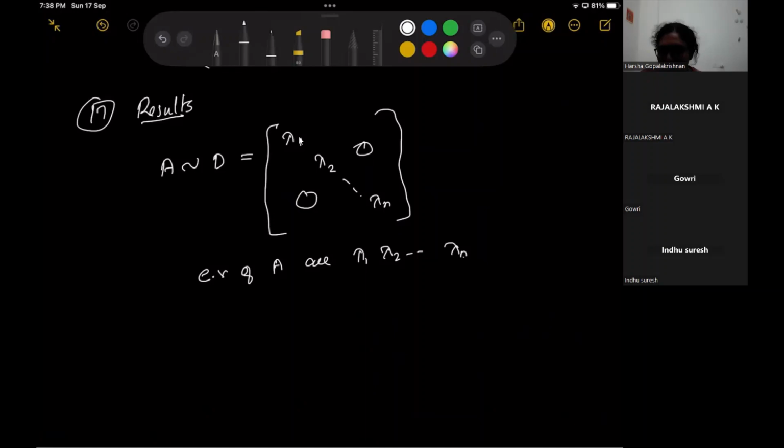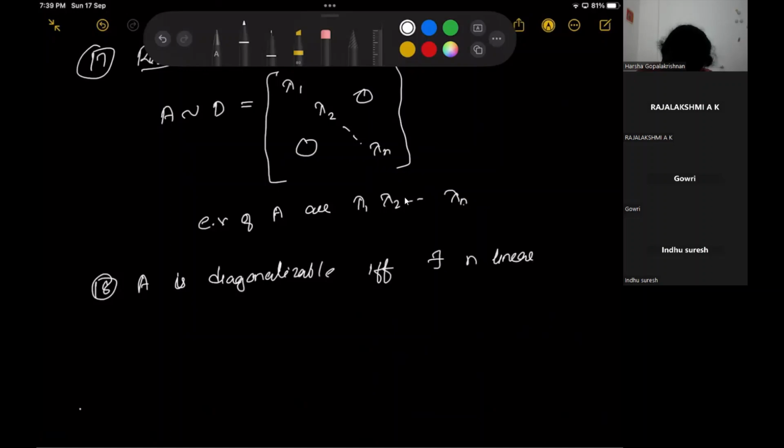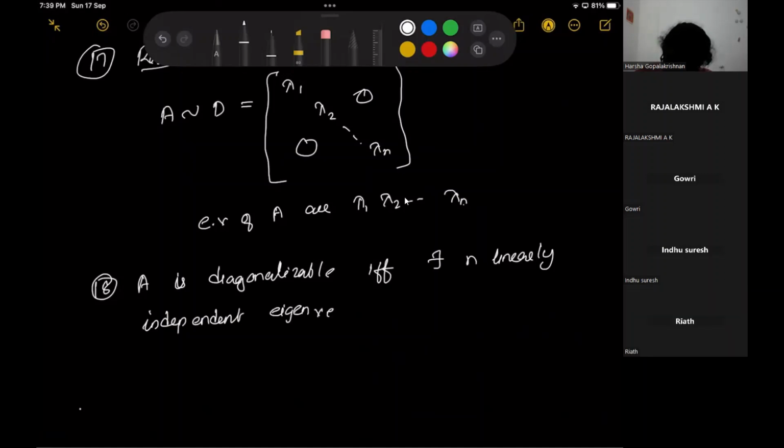And so the eigenvalues of A are lambda 1 to lambda n. And the next result is: A is diagonalizable if and only if there exist n linearly independent eigenvectors.